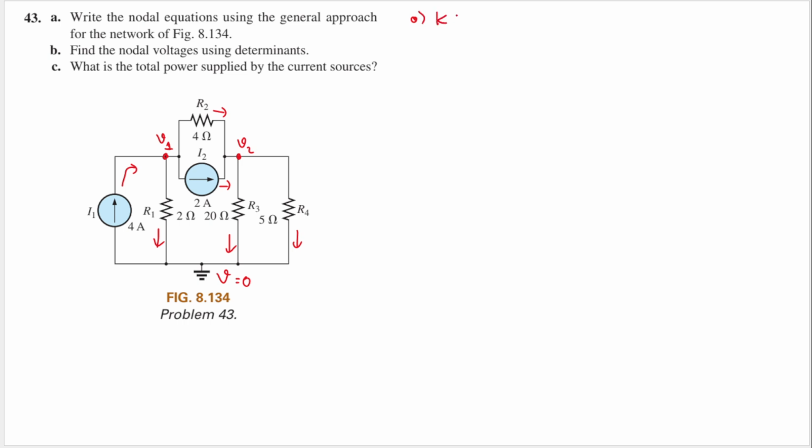The first one will be KCL at V1, and KCL says that the sum of the current that goes in will equal the sum of the current that goes out. The only current that goes in is from the 4 ampere current source.